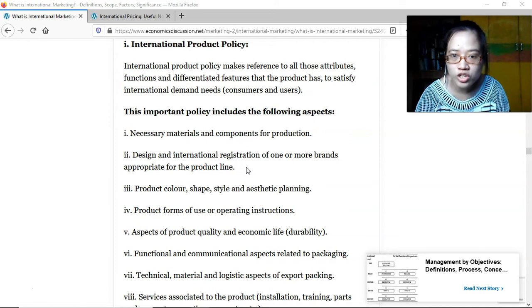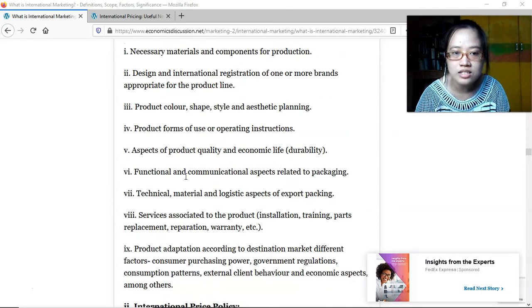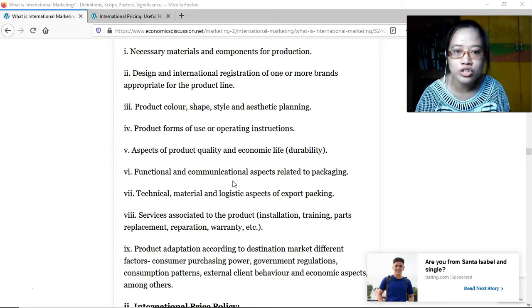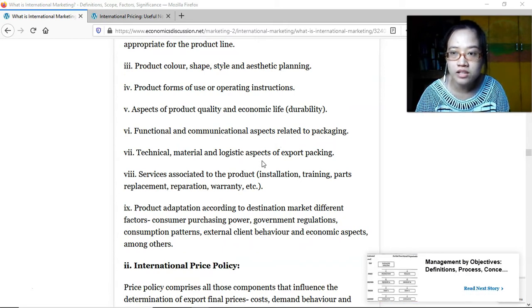Design and international registration should be done. Product color, shape, style, and aesthetic planning, product forms of use or operating instructions, aspects of product quality and economic life, functional and communicational aspects related to packaging, technical, material, and logistic aspects of export packing.